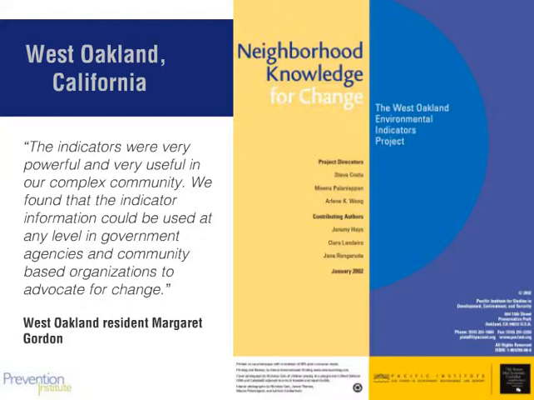Then they used the indicators report to issue a formal request to the Bay Area Air Quality Management District. Residents requested stronger regulations requiring one of the area's worst polluters, the Red Star Yeast Factory, to reduce emissions and noxious odors. Ultimately, the combination of evidence and strategic pressure led to a victory for the community.